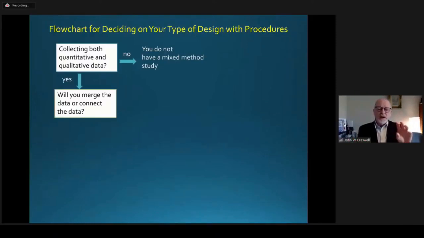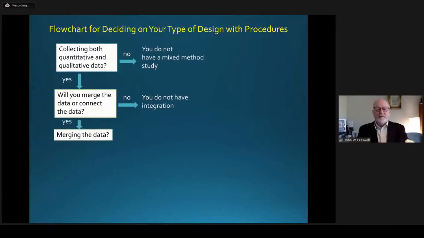But if the answer is yes, now the question is, how are you going to bring the two databases together? Are you going to merge them or connect the data? If you don't plan on bringing the two databases together, you really don't have a mixed method study, because mixed method study is based upon the integration of the databases.